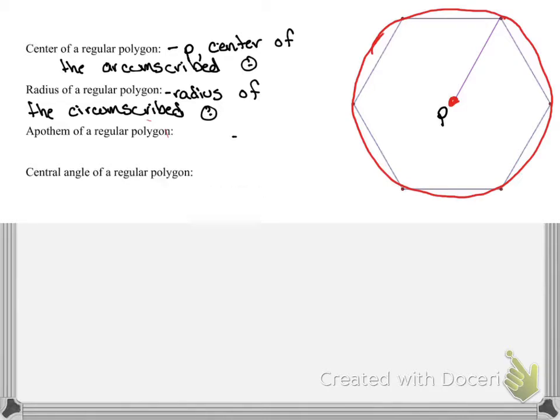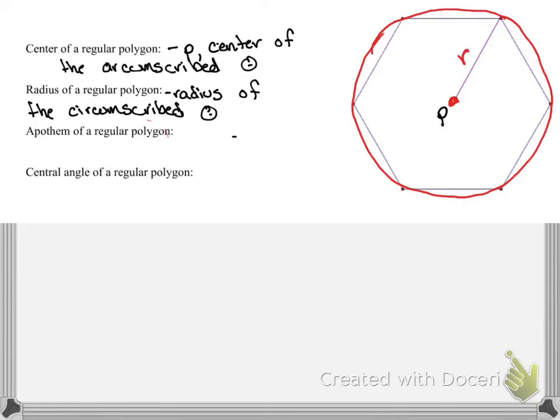So there we have our radius. Let's go ahead and label that as R. So here's my radius right here, my R.